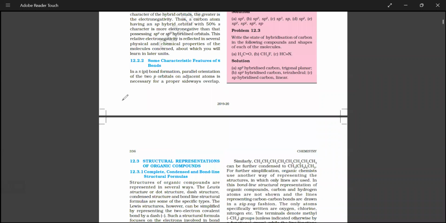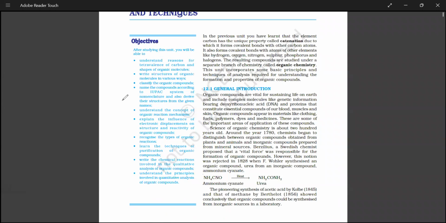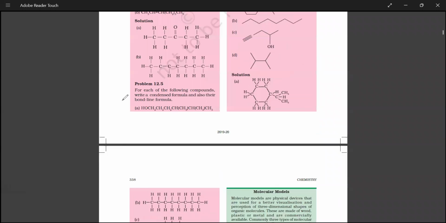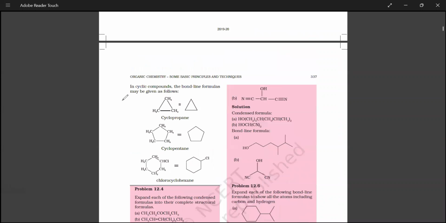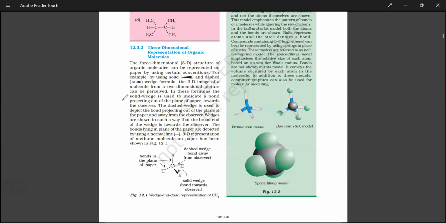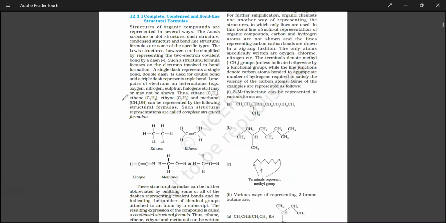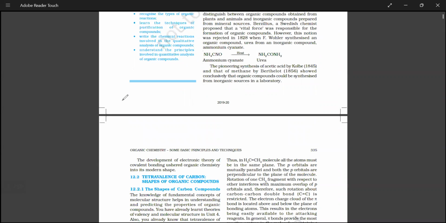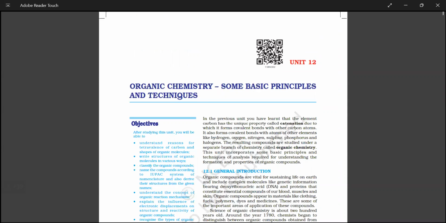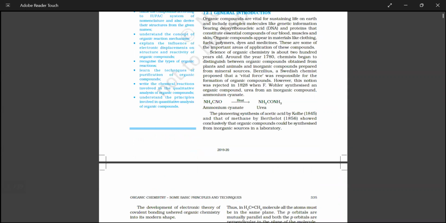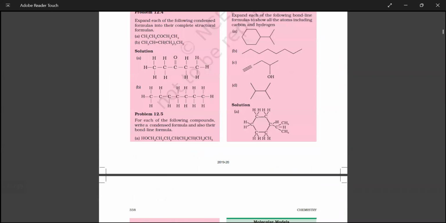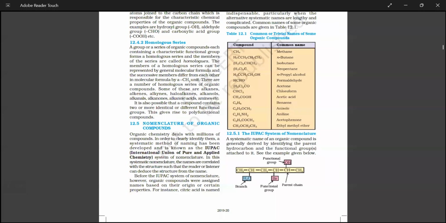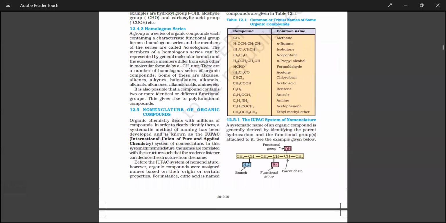Now see what next is. Next is nomenclature of organic compounds.